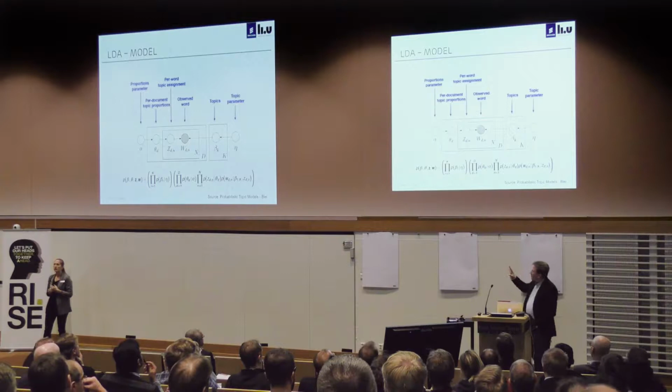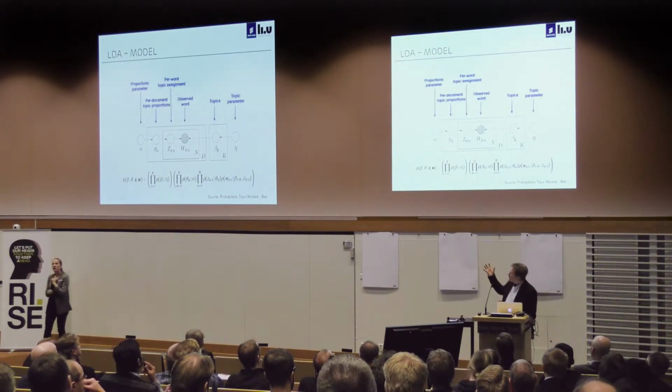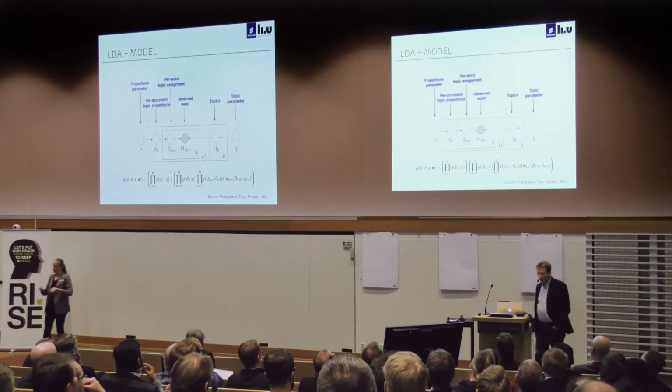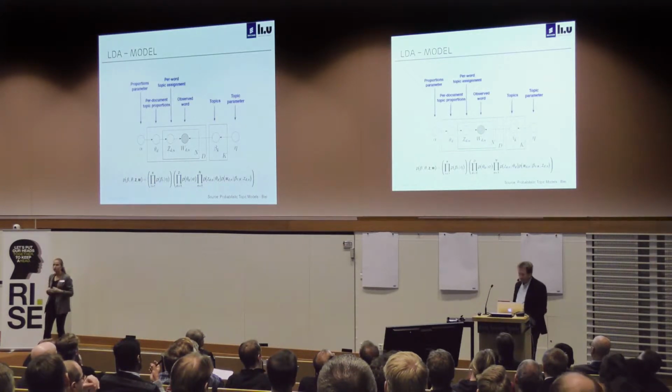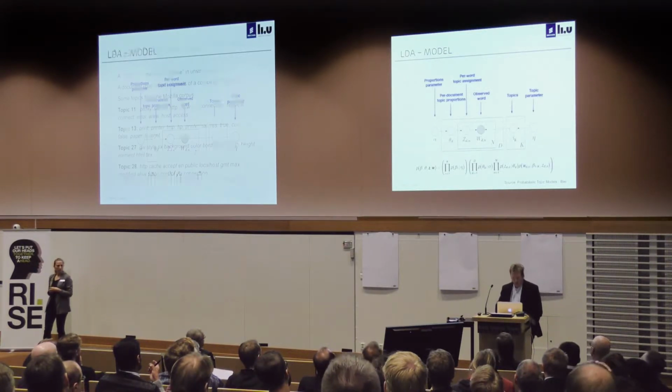This graphical model is a great way to visualize the model, and then you can take this graphical model and fairly straightforwardly translate it into a probability expression, which you see farthest down in this picture. Okay, so what do you get out from the model?